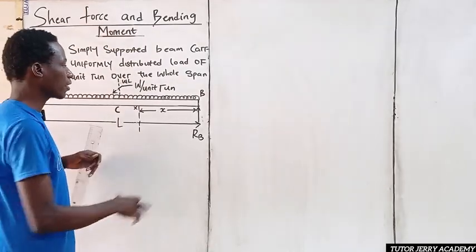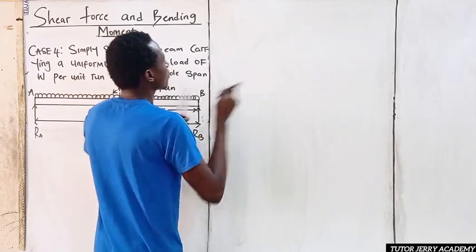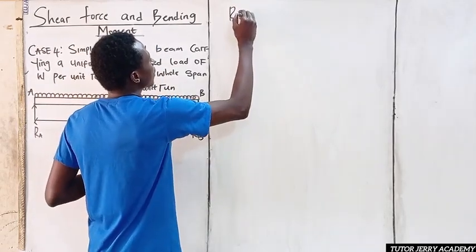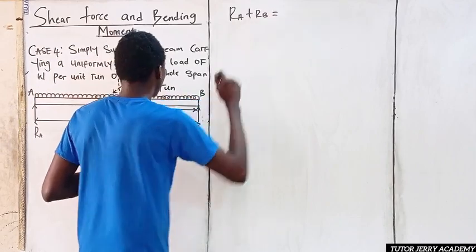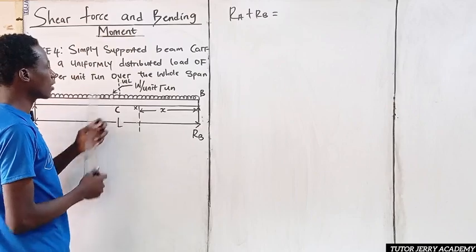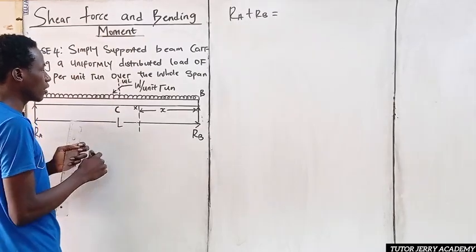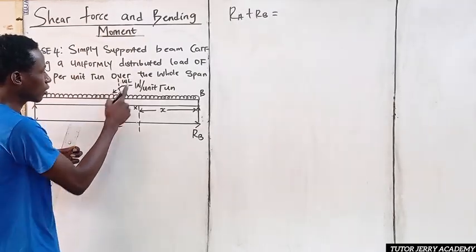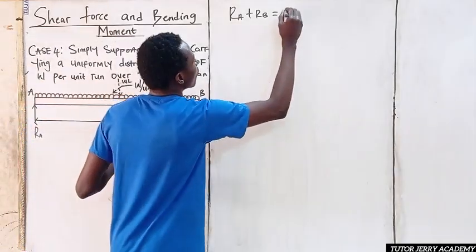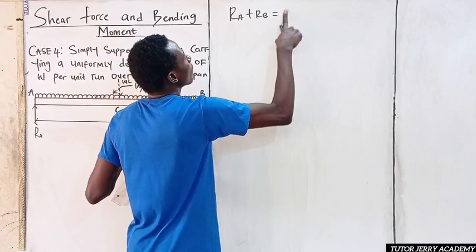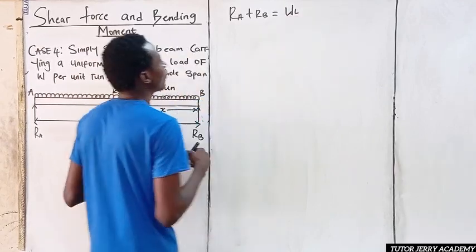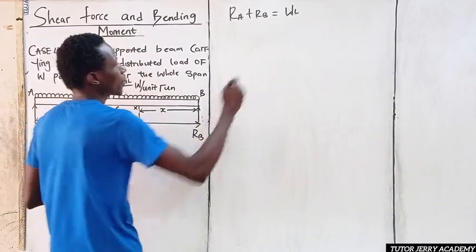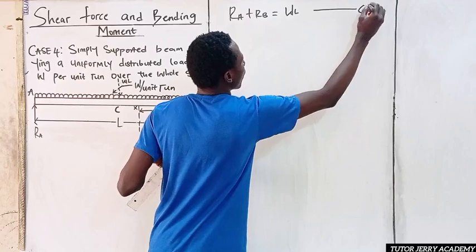So RA plus RB will be equal to the one downward force here, which is WL. We can call this equation 1.